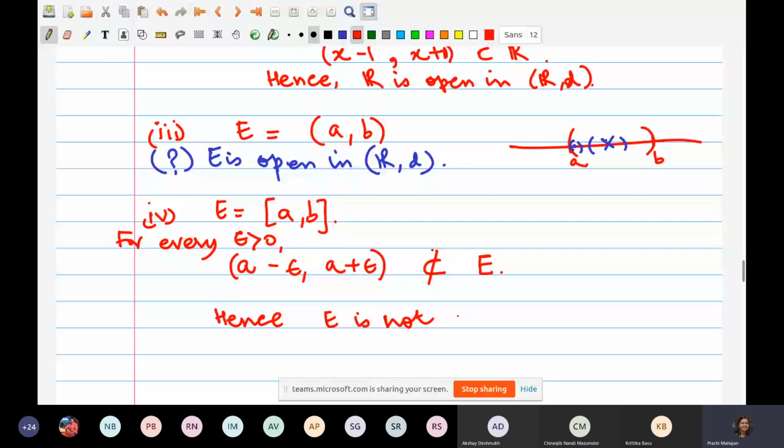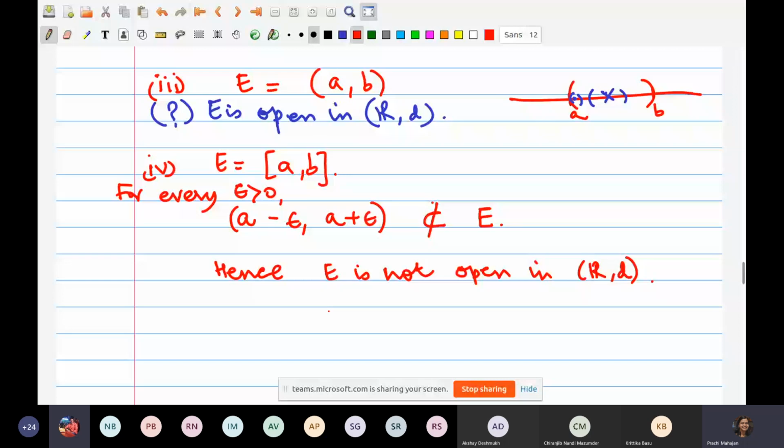There is this portion to the left of a, the interval a minus epsilon to a. No matter what neighborhood you choose and what epsilon you choose, there is no way you can accommodate the interval (a minus epsilon, a plus epsilon) inside the set E, and hence by definition E is not open in the set R. Is this okay? So we have seen an example of a set which is not open.